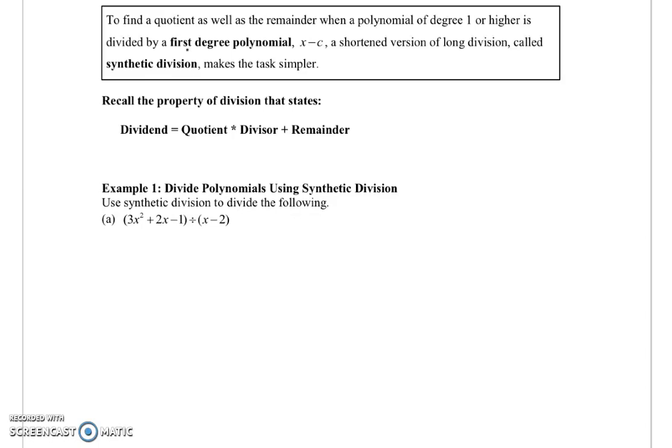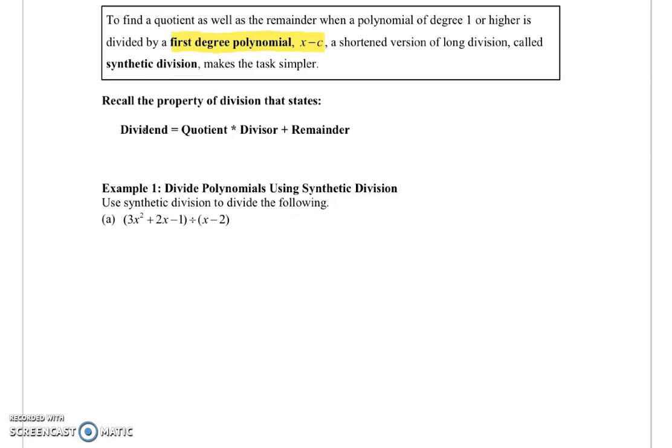The only thing is, though, that synthetic division only works when we are dividing by a first degree polynomial. So something that looks like x plus or minus a number. If we have anything with higher powers of x, synthetic division will not work.